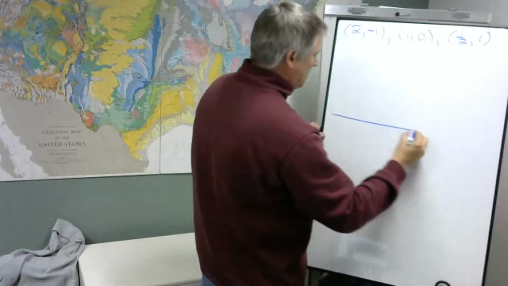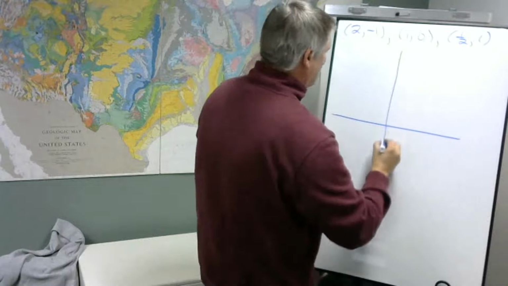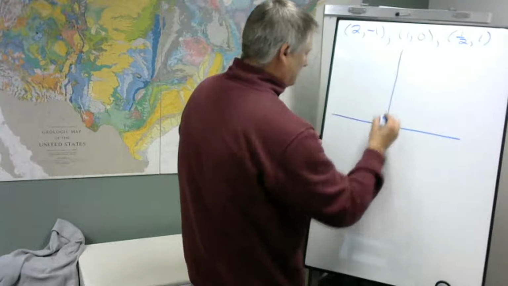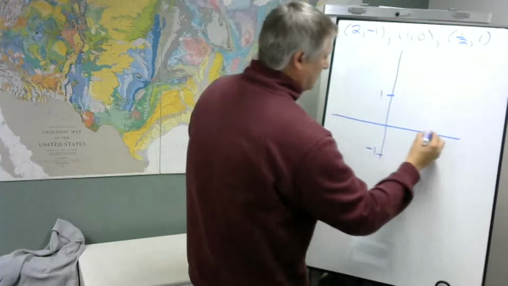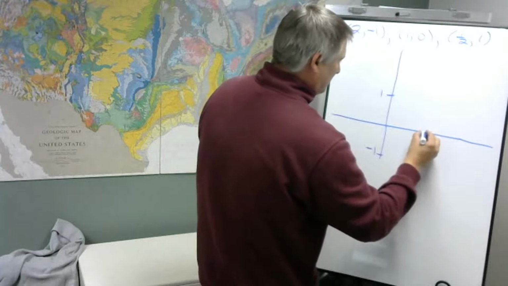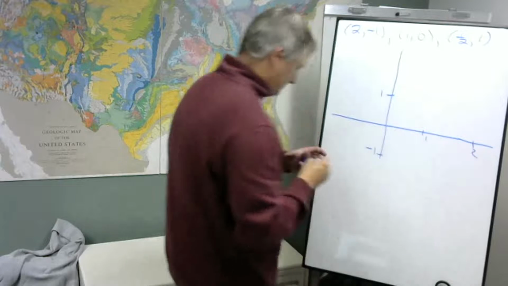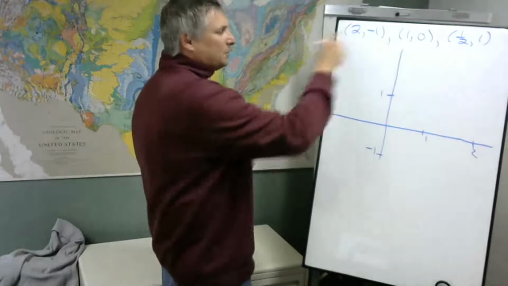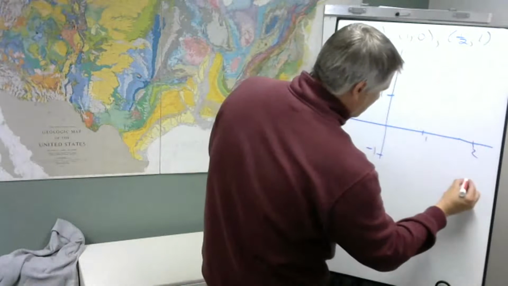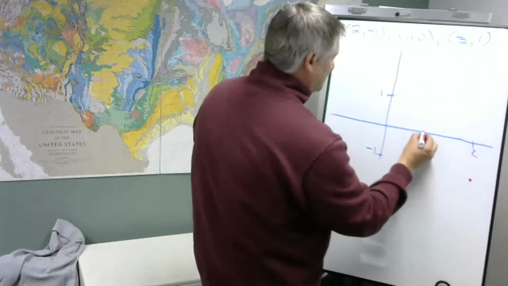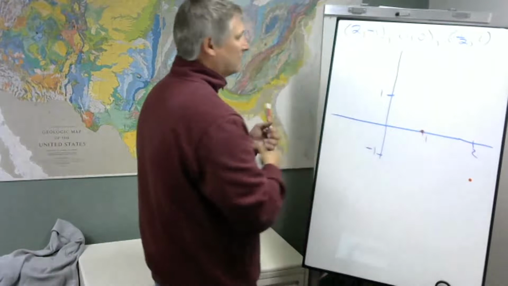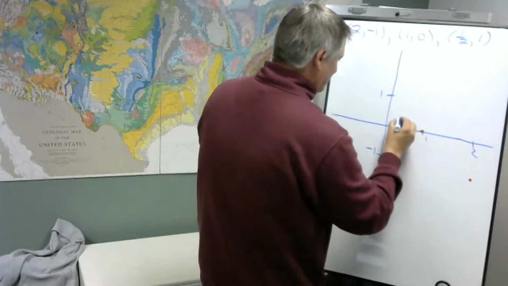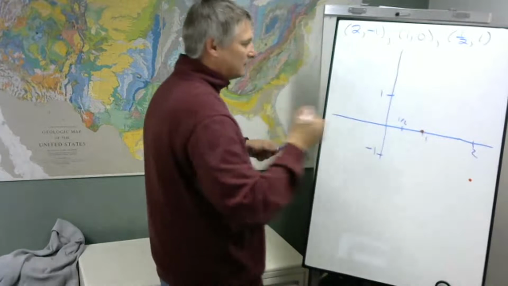So what do we have? Well, we have x is 2 and -1. So that's going to be here. 1 and 0. And then here's a half. And 1.